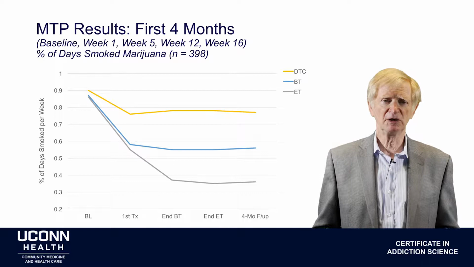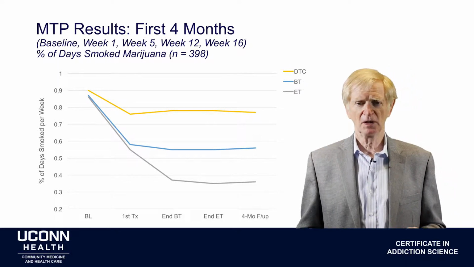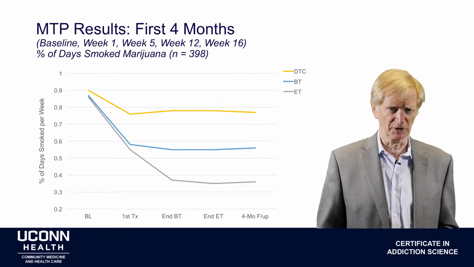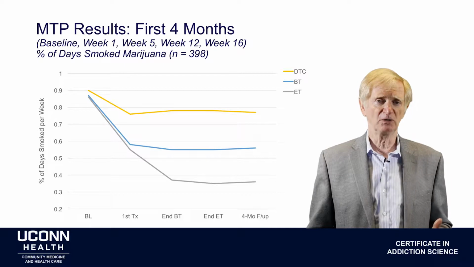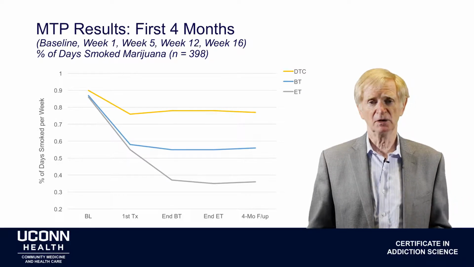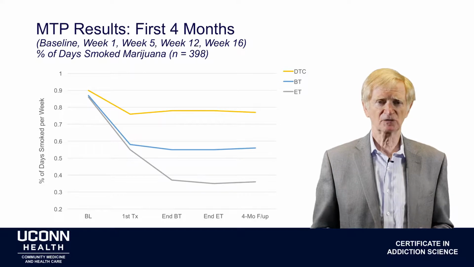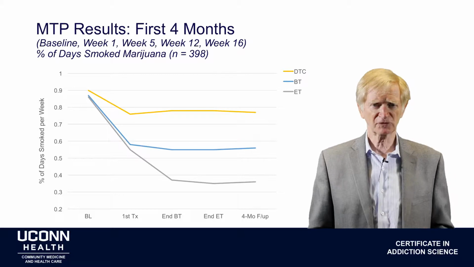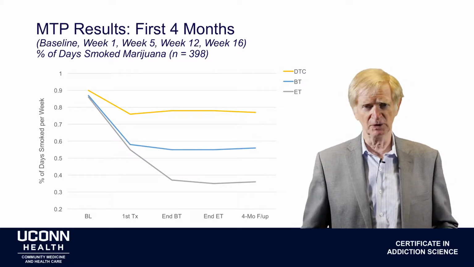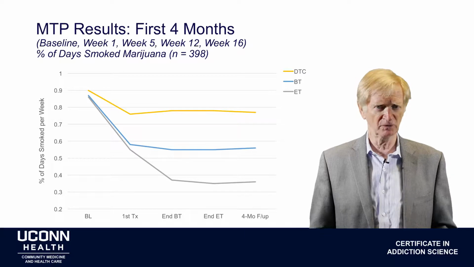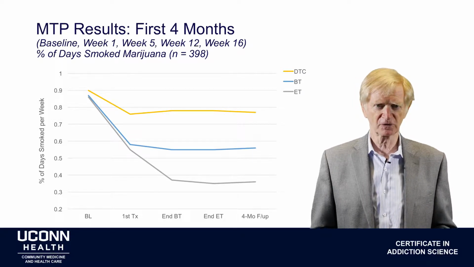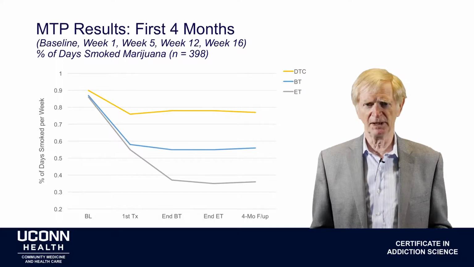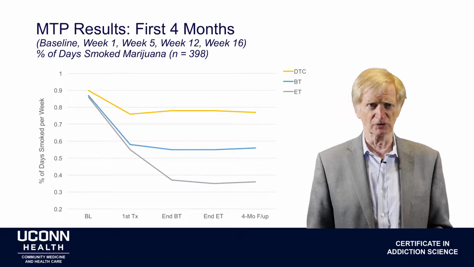So each follow-up period included an interview where day by day they retrospectively reported what they were doing in the prior weeks. And so you could get a continuous measure of every day since the last follow-up. And that's called a timeline follow-back assessment, which we're going to be talking about a little bit later in terms of how you measure these variables at baseline. But today we want to talk mainly about substance use, dependence, and problems as outcome measures.